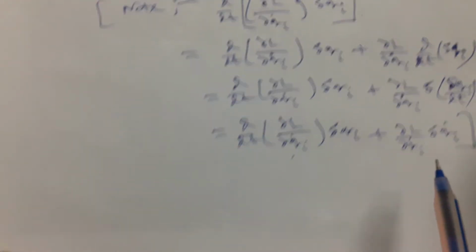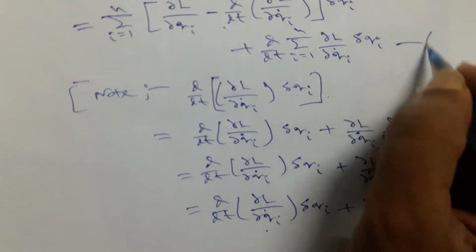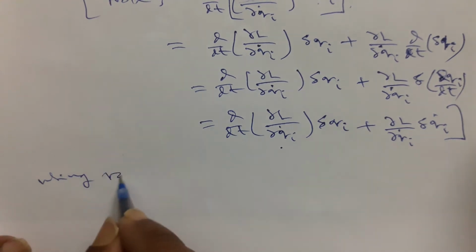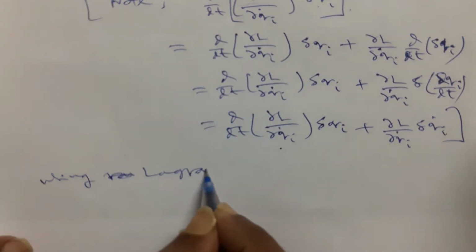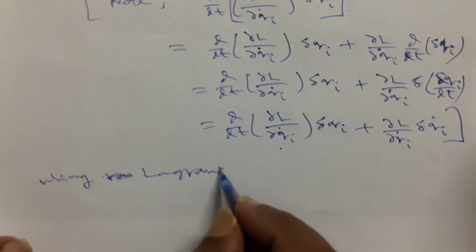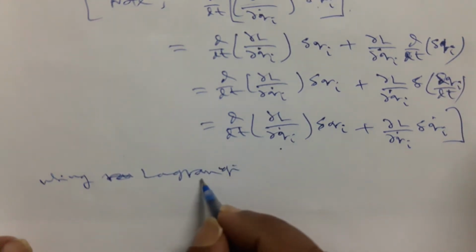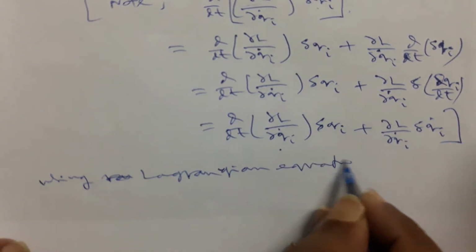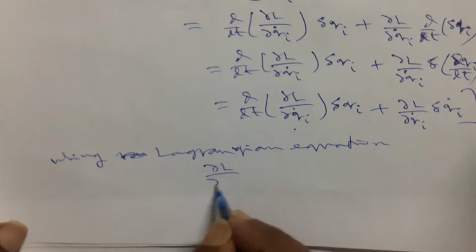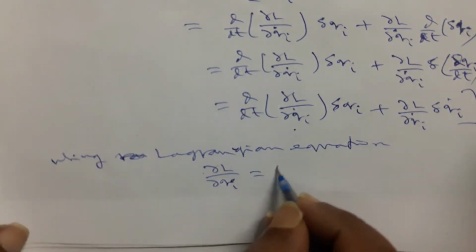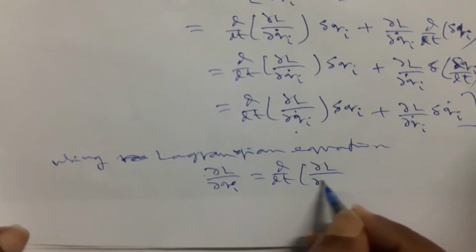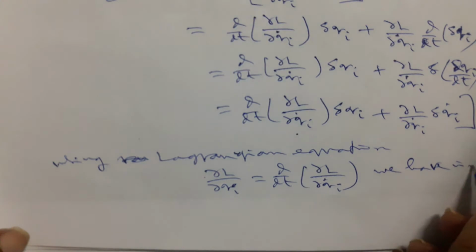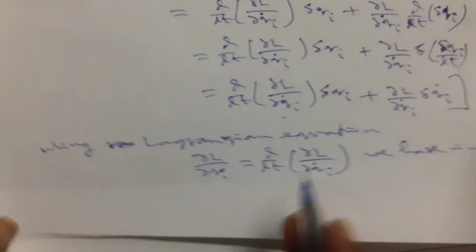Now making this equation number 5, using the Lagrangian equation in classical mechanics, del L/del qi minus d/dt of del L/del qi dot, we have in 5 using, that will be 0.